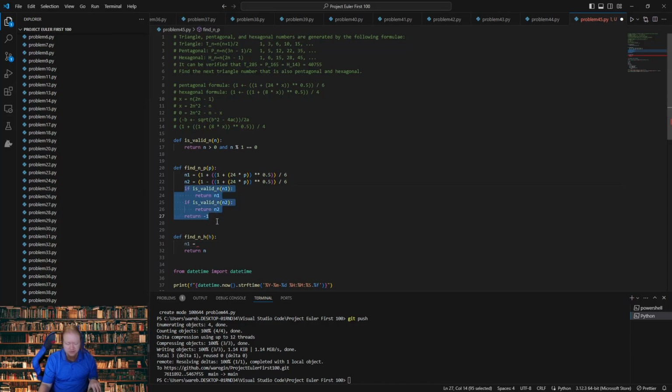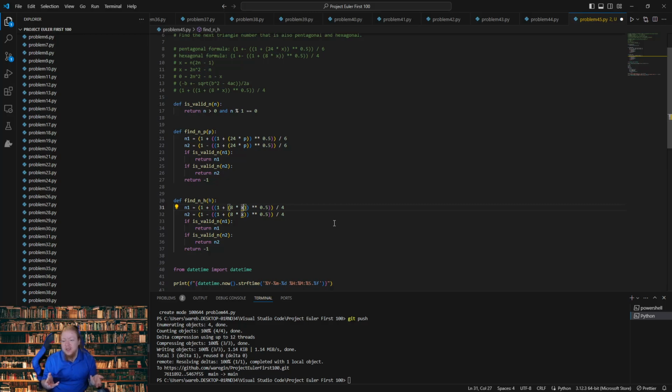And then we're actually going to just kind of copy these two lines here. So for pentagonal, or for hexagonal rather, we have this. And obviously we want this to be n2. This will be the positive one, this will be the negative one.